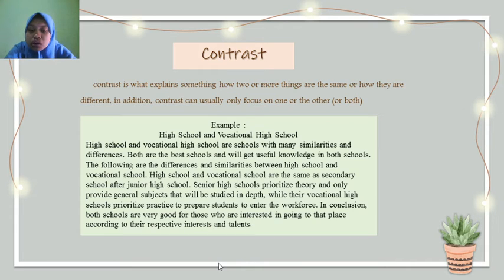In conclusion, both schools are very good for those who are interested in going to that place according to their respective interests and talents. And the signal word I use is while.